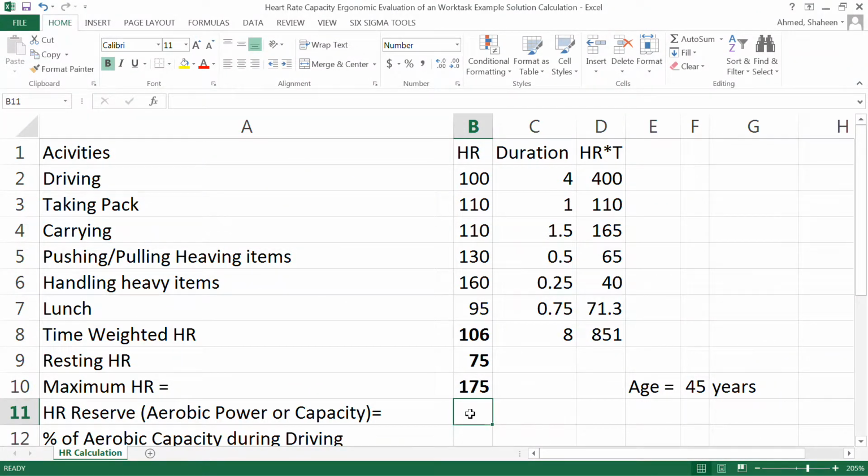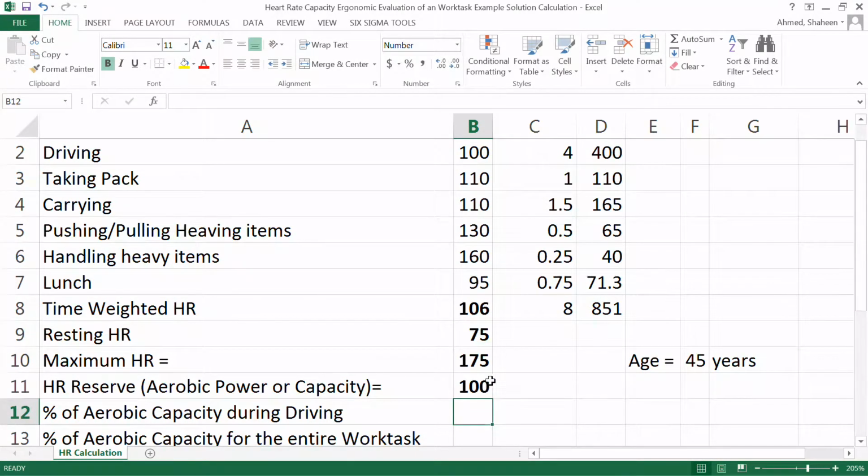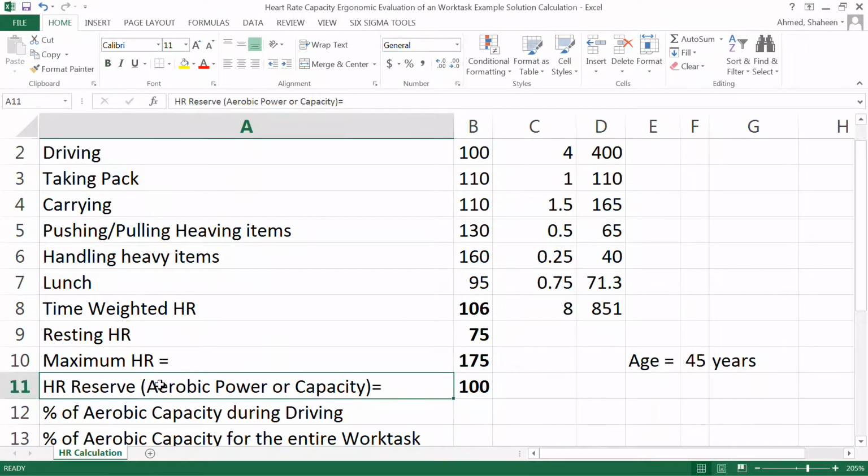And to calculate reserve, check the video I have produced before on how to calculate the reserve. So this maximum minus this resting heart rate, that's the person's reserve. This is the person's reserve, or aerobic power, aerobic capacity.